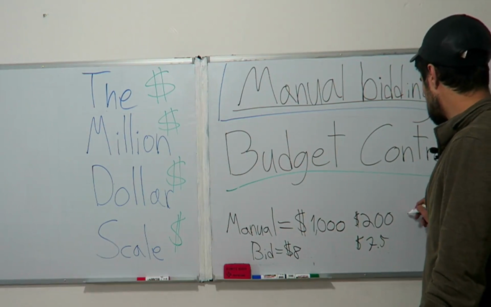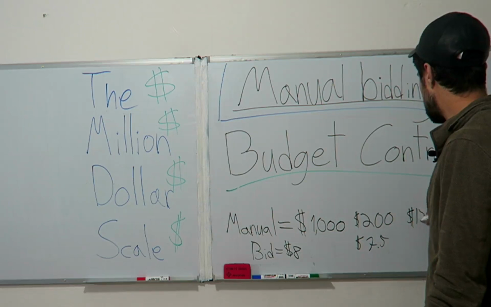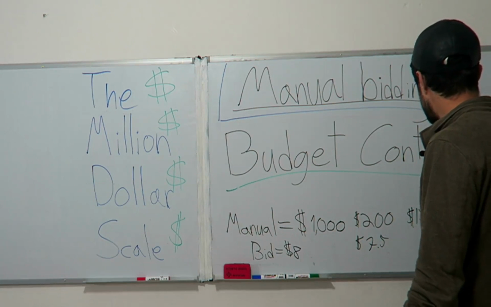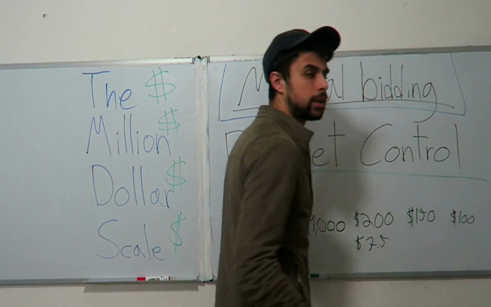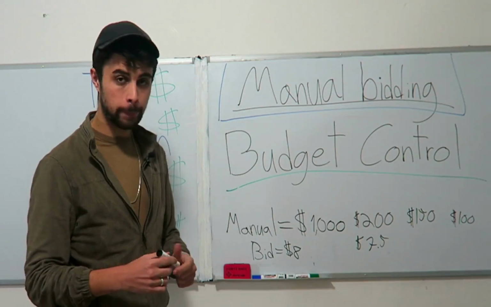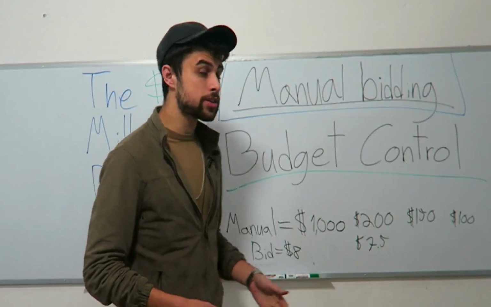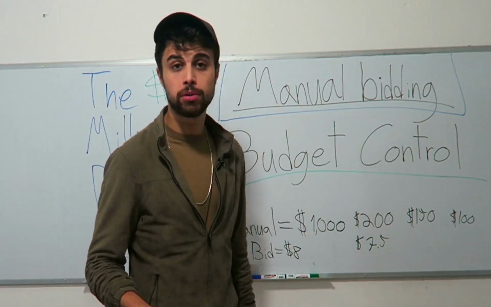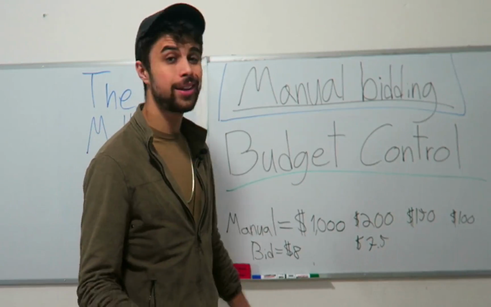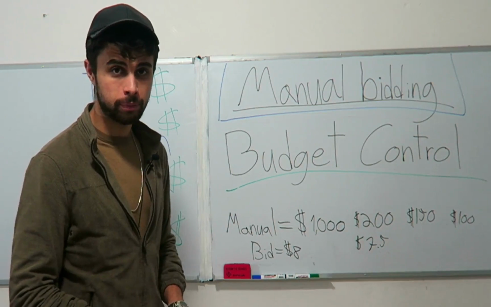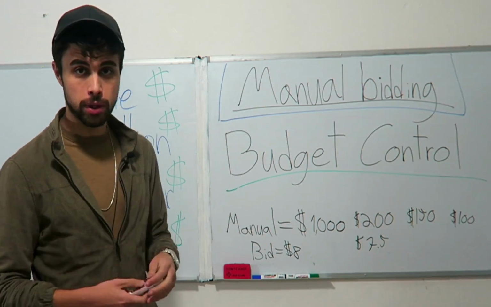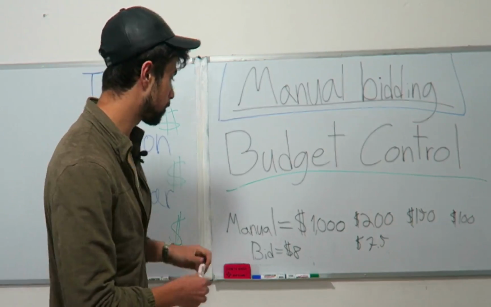It will start to spend less money because it finds fewer purchases: 150, 100, until it completely stops spending money. And that's a good thing because you didn't throw any money in the garbage. You still limited Facebook with the bid. So that's basically the beauty of manual bidding. I hope that made sense.